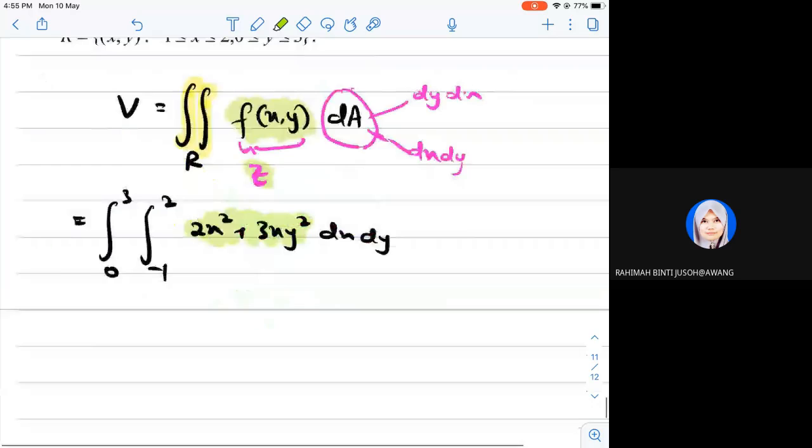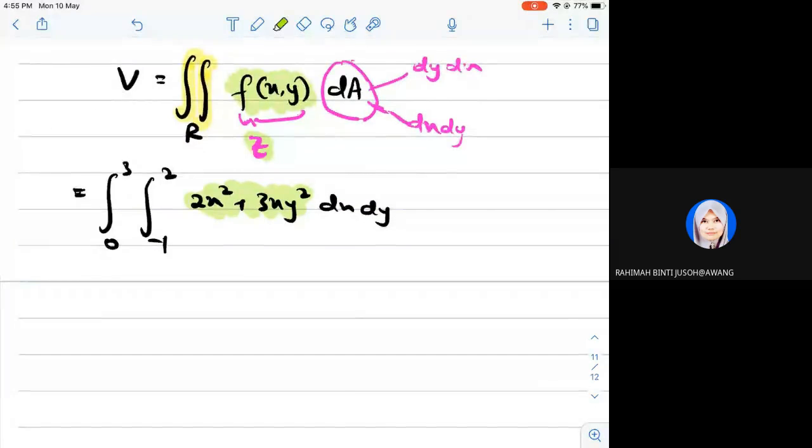Okay, so now guys, kita proceed lah integration kita. So first integrate terhadap x, apa yang constant? Y. Yes, y jadi constant. So integrate the first term, 2x kuasa 2 tu, dia akan jadi 2x kuasa 3 per 3.